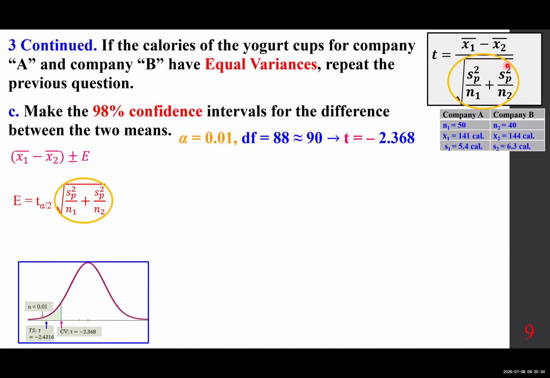I want to remind you that the denominator for the test statistic is the same as this one, and therefore we look at the test statistic and the work that we did.